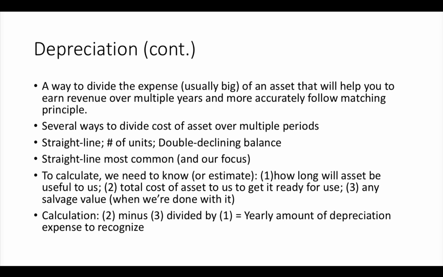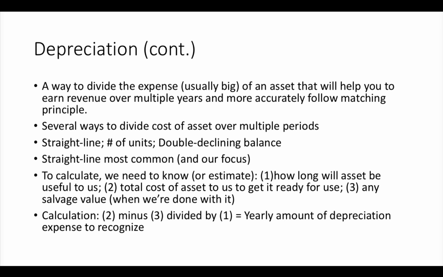How can we divide up this large expense that will help us earn revenue over multiple time periods? Obviously, we want it as accurate as possible. So how do we divide up the cost of this asset in a way that most accurately matches the cost of the asset with the revenue it helps to earn?